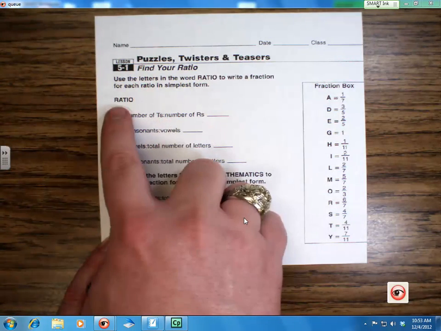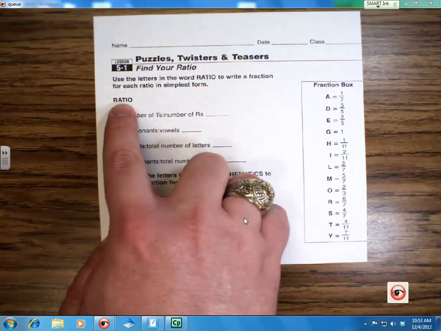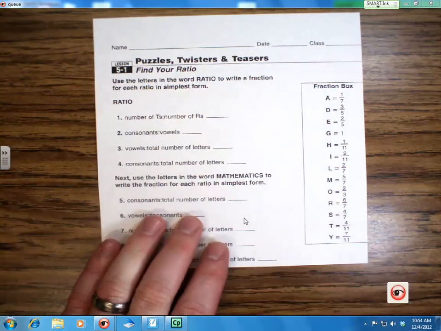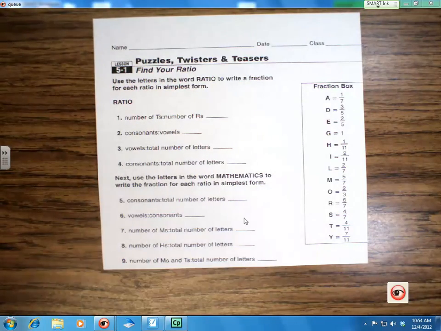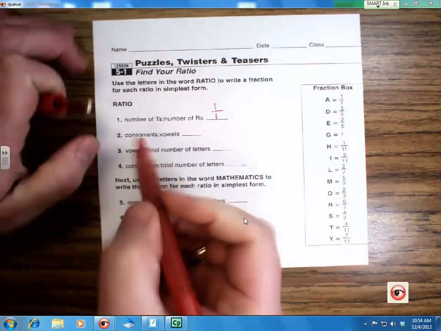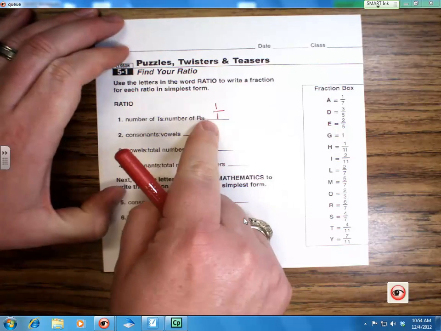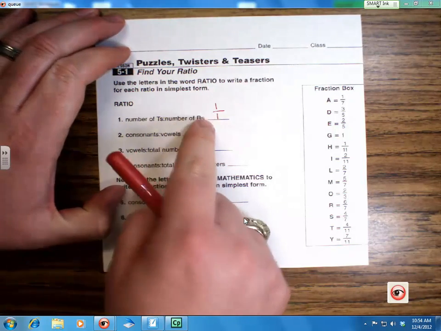Well, how many T's are in the word ratio? It's only one. How many R's are there in the word ratio? One. So our ratio is going to be 1 to 1, because there's only one T and there's only one R. So our ratio will be 1 to 1.